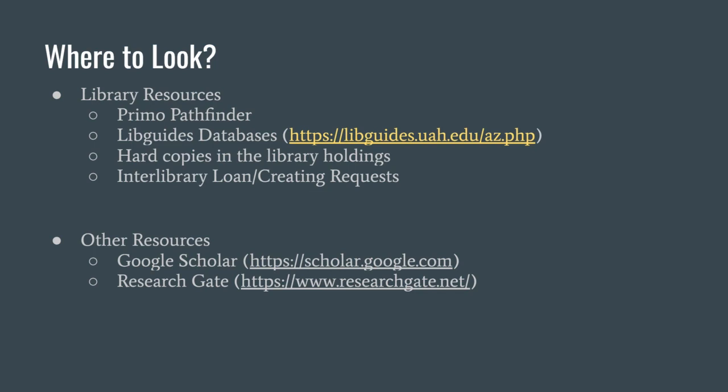And then, of course, as you already know, Google Scholar and ResearchGate is another place you can go. It's kind of like social media for researchers. I go on there a lot, and you can be up to date with the current research, so it updates every second.